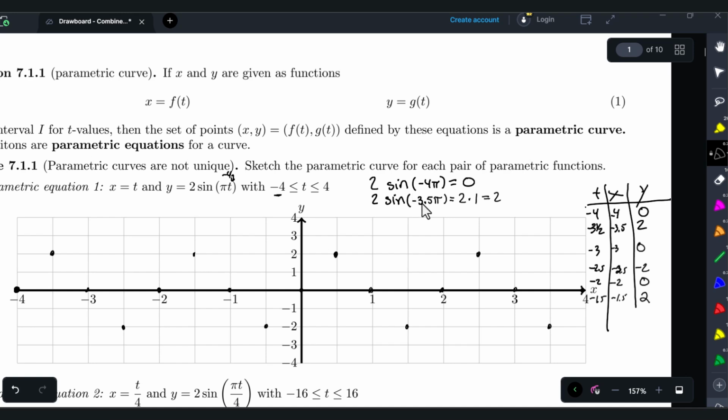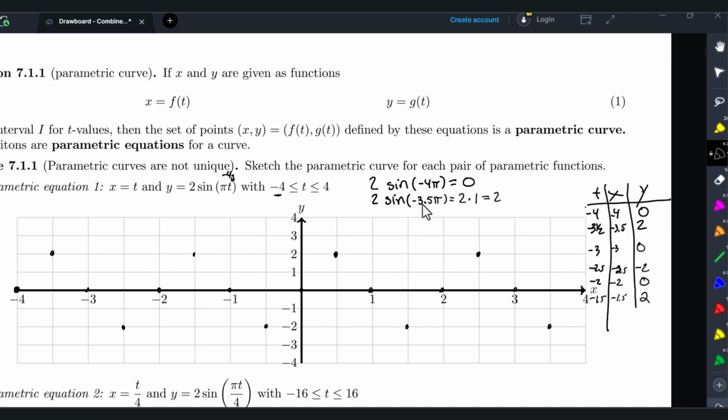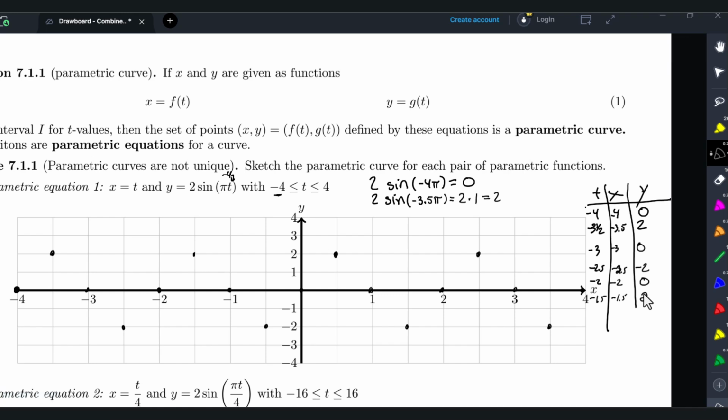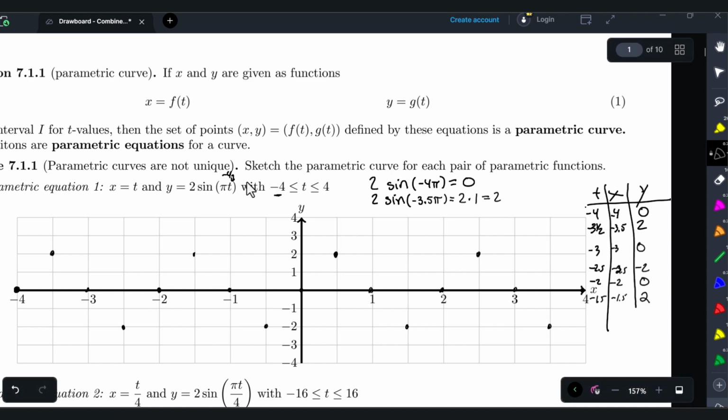Now I see a pattern. I know what angles give me what values of sine well enough to plot the rest of these points. And I remember that a sine function is periodic with a period of 2 pi. I'm not plugging in pi's here, but multiplying t by pi fixes it for me, so the period ends up being about 2 in this case.